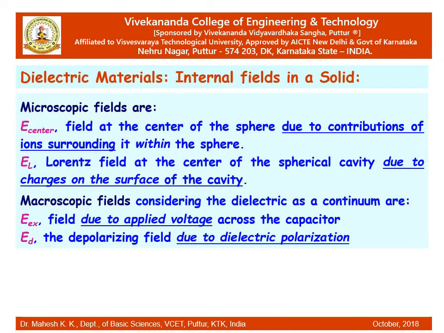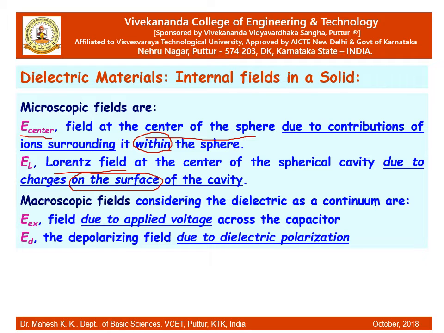The microscopic fields are, first, E center, the field at the center of the sphere due to contributions of ions surrounding it within the sphere. This you should remember, it is within the sphere. Second, EL, the Lorentz field at the center of the spherical cavity due to charges on the surface of the cavity.